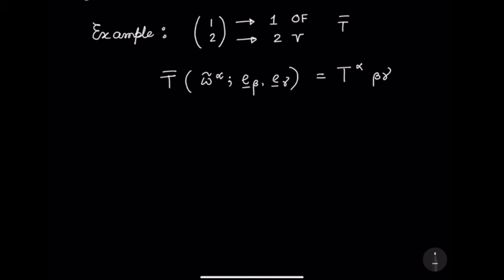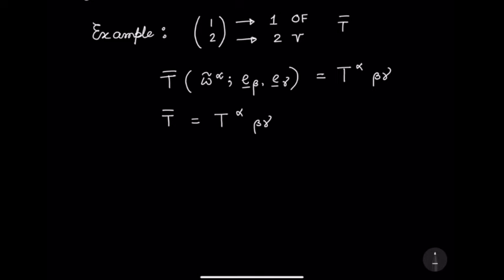Right? Now, how do I write it in terms of its components? Components are T alpha, beta, gamma. And now I will need a basis for this complicated 1-2 tensor, but that I can construct from the basis of what I have in one forms and vectors.